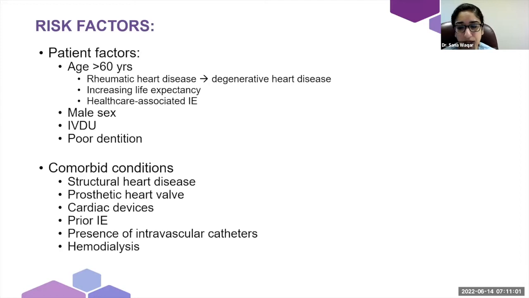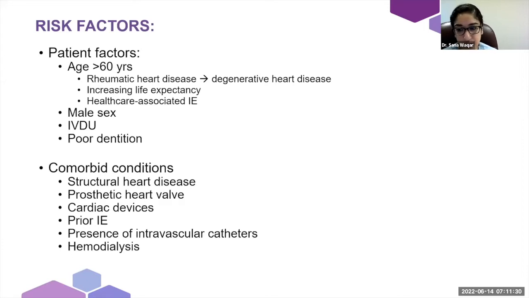IV drug use, again, this results in transient bacteremia. Poor dentition, same concept: oral flora, transient bacteremia, more likely to adhere to a damaged heart valve. Comorbid conditions: anyone with structural heart disease, whether this is congenital or acquired. Prosthetic heart valves: again, these organisms are likely to make a biofilm on artificial material more so than on natural valve surface.